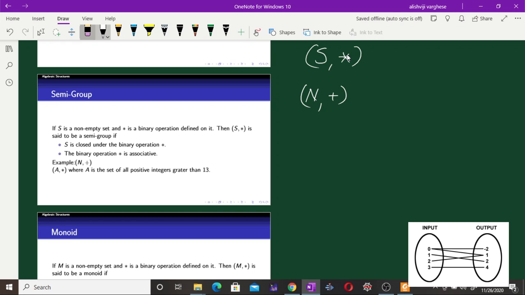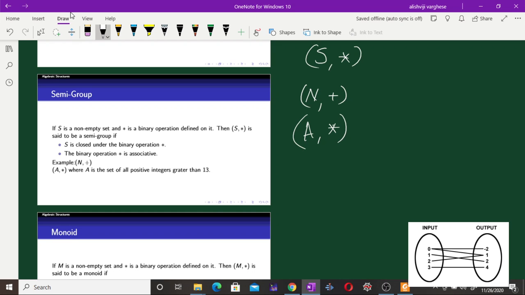Then the second one, the binary operation on A star, where A is the set of all positive integers greater than 13. We can consider the addition itself or the usual multiplication, both will work. So let us consider multiplication here.